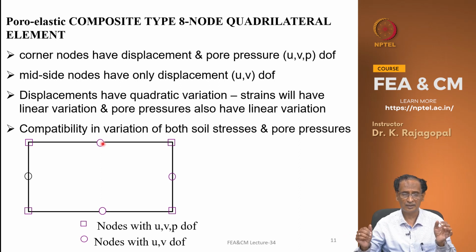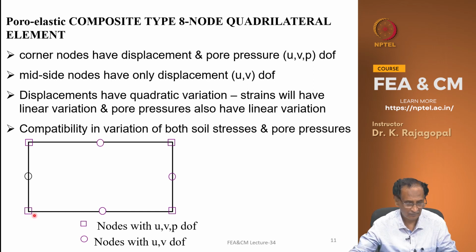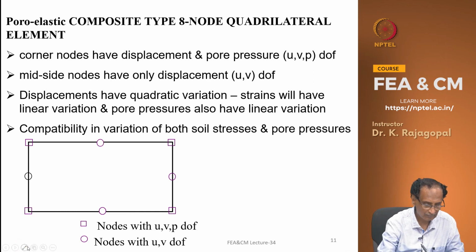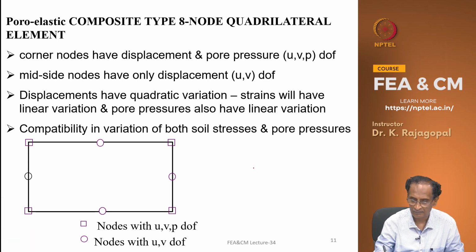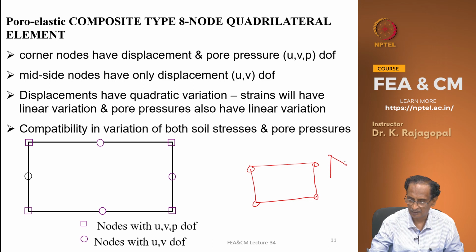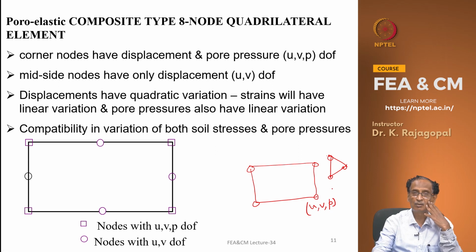Like for example, if you take a 4 node quadrilateral, let me just see. Let us say you have a 4 node quadrilateral or a 3 node triangle, and by necessity we have to define the displacements and the pore pressures at all the nodes, and so that means that there is no compatibility between the pore pressures and the stresses.